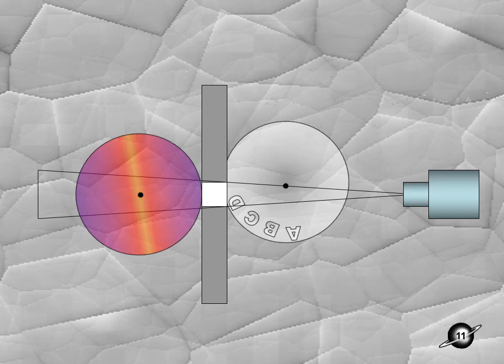Since the X-ray beam is passing through the center of rotation of both discs, and the beam is passing through the collimator from the slit, the exact ABCD is superimposed on the film. But actually, the patient's mandible or maxilla is not a disc.